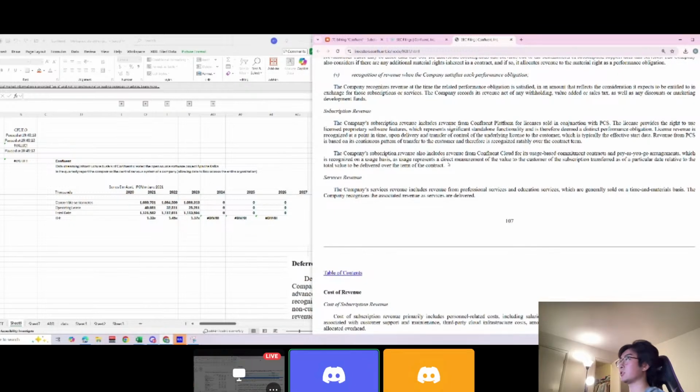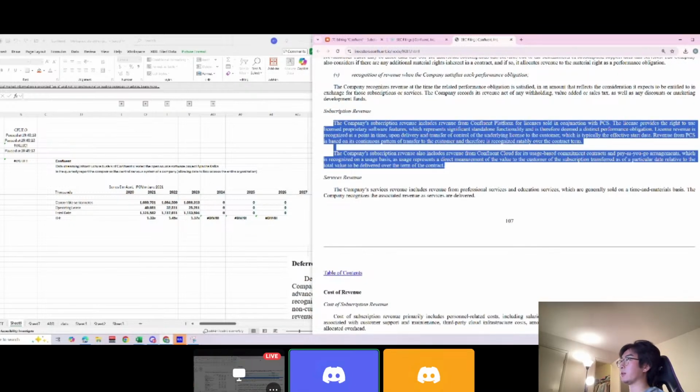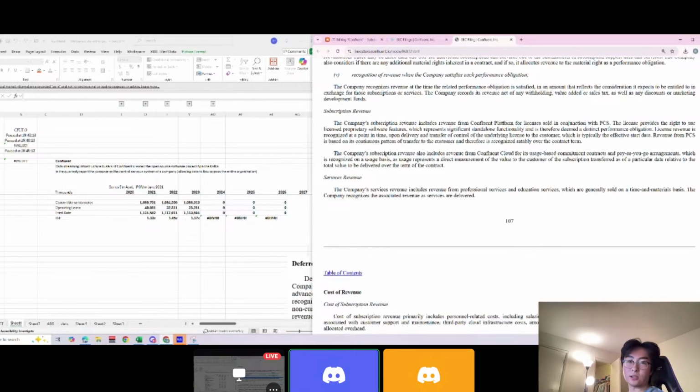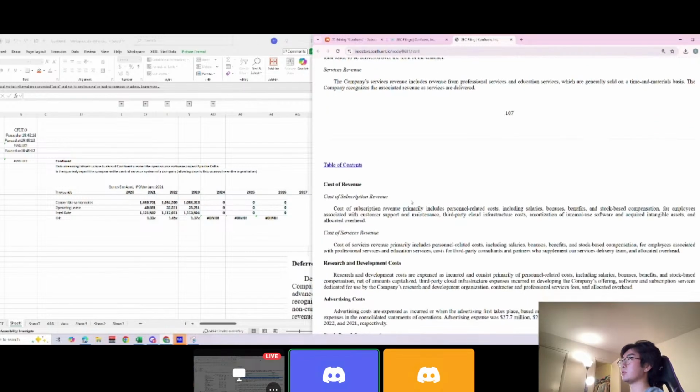Okay, so I think this is just a really winded way of saying they charge people based on a consumption business model, and they'll recognize something as revenue once you've consumed, let's say, a unit of Kafka service. On a time and materials basis, services, okay.